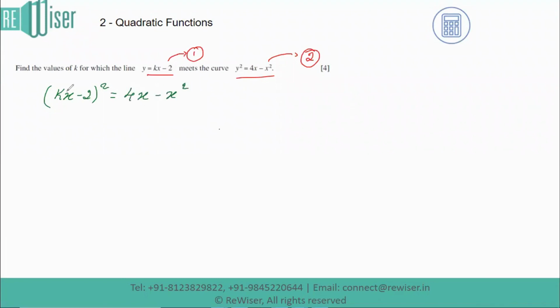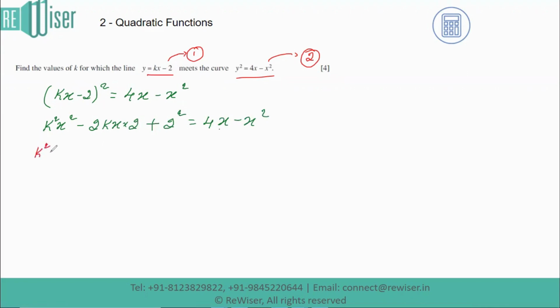Now, I think about simplifying this by expanding it with the identity (a minus b) whole square, which is a square minus 2 times a times b plus b square, is equals to 4x minus x square. I'm going to take each and every term to one side. So this minus x square goes to the other side.